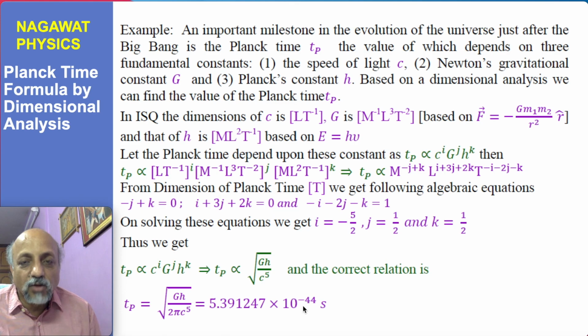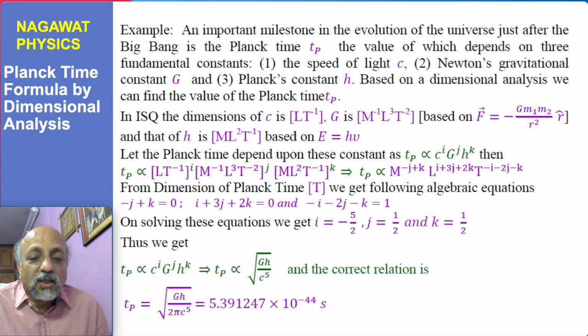These constants are known very precisely, so by substituting their known values, we can determine the Planck time, which is 5.391247 into 10 raised to power minus 44 second, a very small time interval.